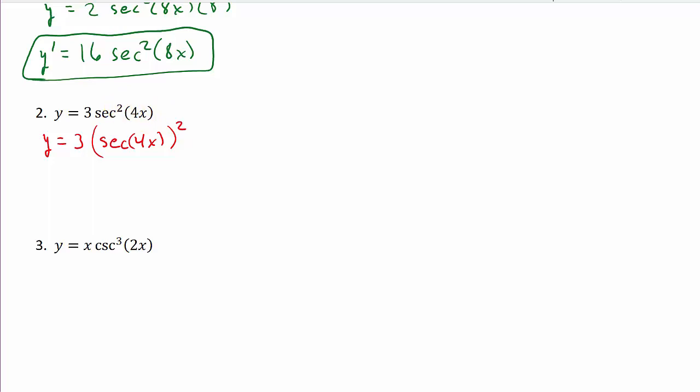Okay, so now how do we take the derivative of this? Well, this is chain rule. This is similar to when you had something like x squared plus 3 to the 3rd power. If you take the derivative of this, you would use the chain rule.